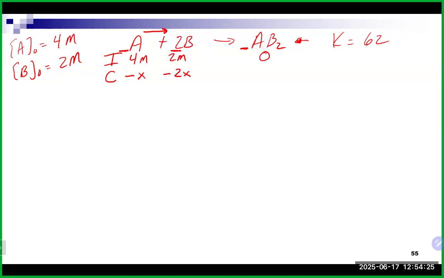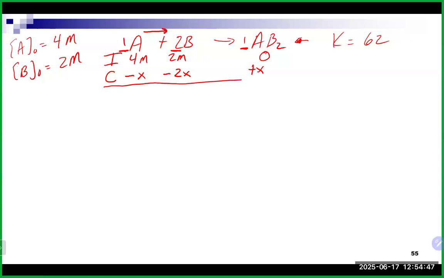Otherwise, this is not going to be correct. On the first one our coefficient is 1, so we just go minus x. On our product side, we also have a coefficient of 1, so this would be plus x. Again, really important to take that coefficient into account.